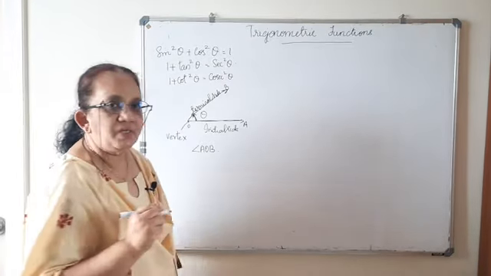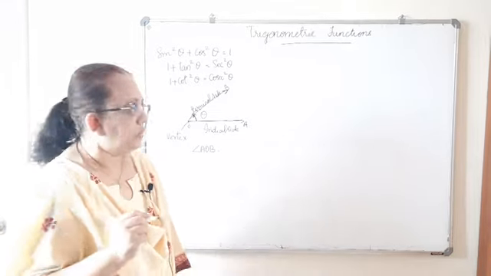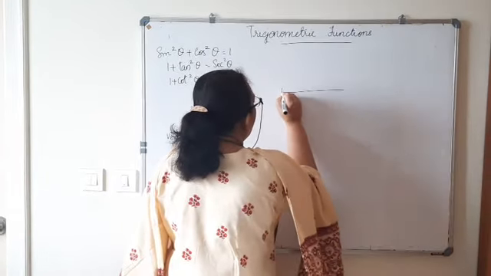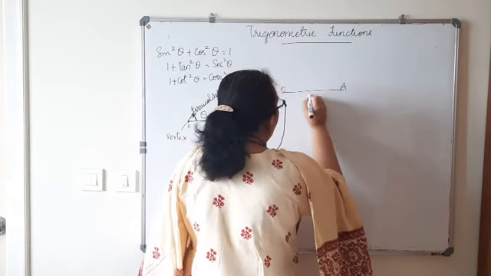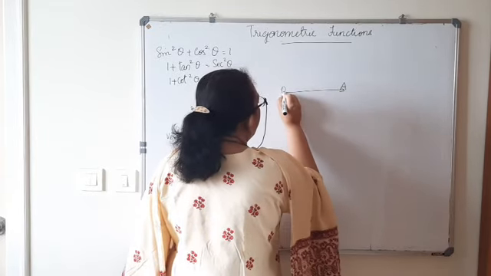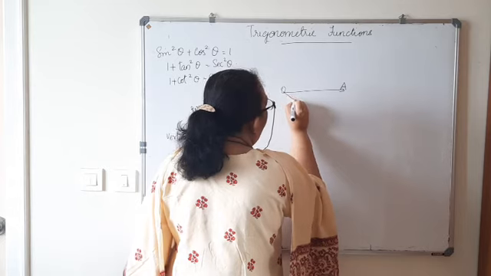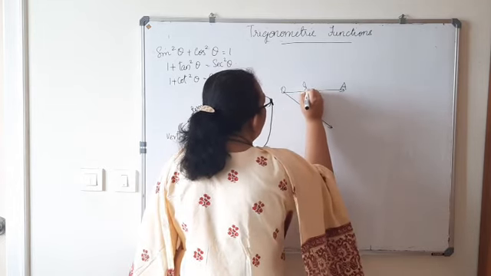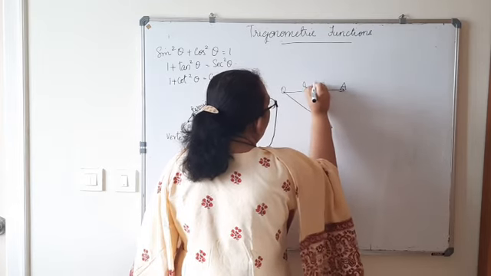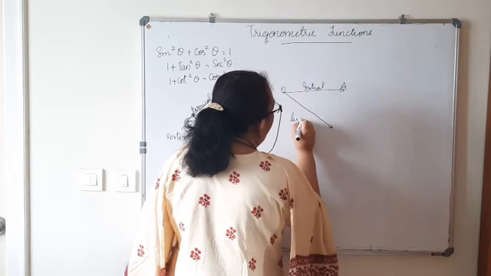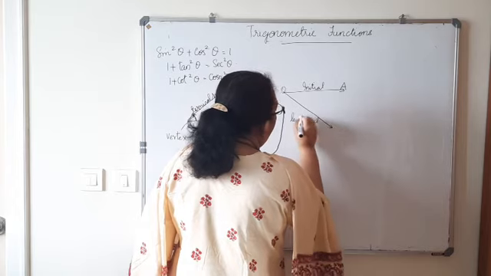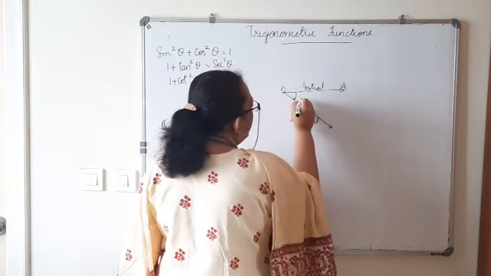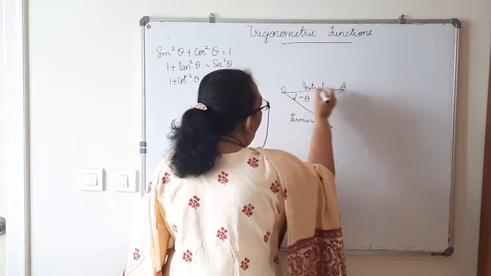There can be rotation in the clockwise direction also. Let us consider the initial ray OA. This ray is rotated in the clockwise direction. So this is the initial side and this is the terminal side, and it is rotated in the clockwise direction and you are getting an angle AOB.